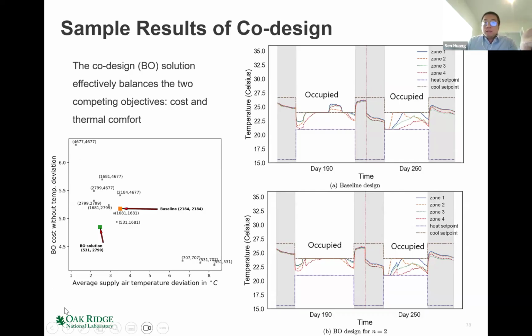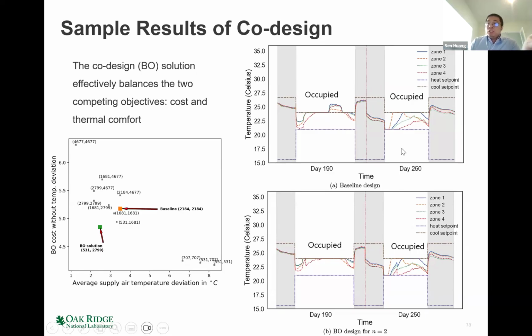The y-axis is the cost. We consider the material cost, labor cost, and also the operation cost. We consider two scenarios. One is the co-design. The other is a conventional, sequential-based design. You can see our co-design method achieves a better result on both sides. We can reduce the duration, which means we can improve the thermal comfort, but we can also reduce the cost.